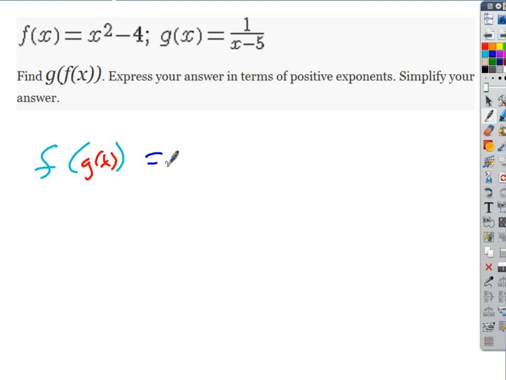Hang on, f of g of x. What's f of x? x squared minus 4. So what's f of g of x?